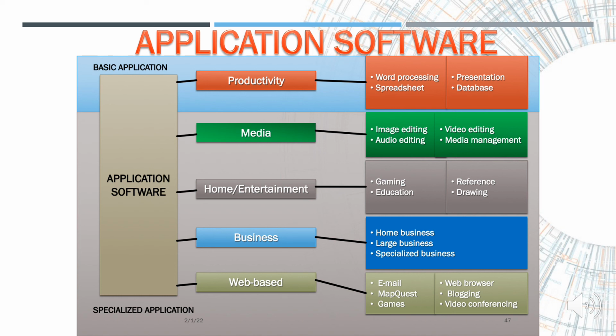You have to create a video, you have to do the assignment using Microsoft Office software. First, under productivity, we have categories which are word processing, spreadsheet, presentation, and database.